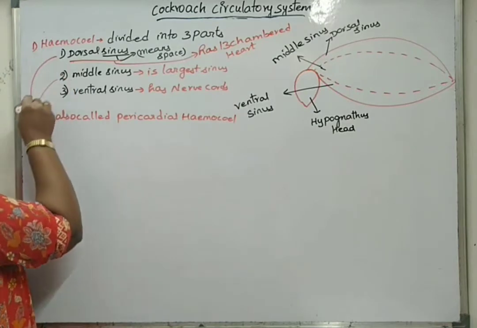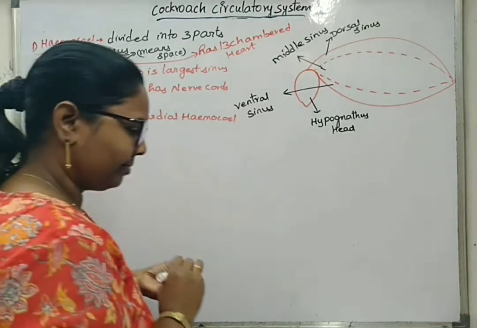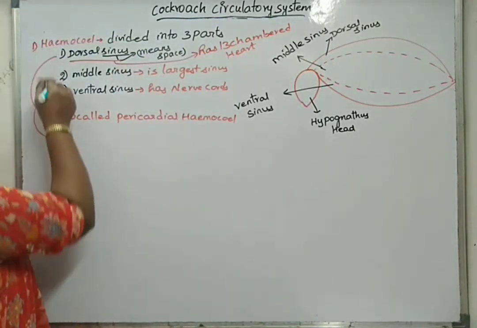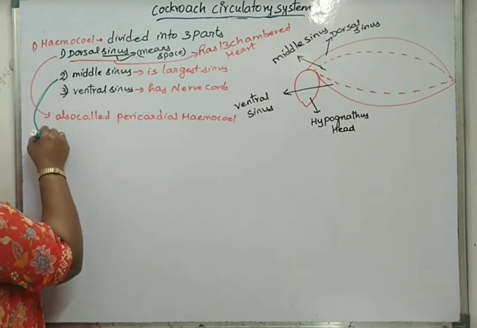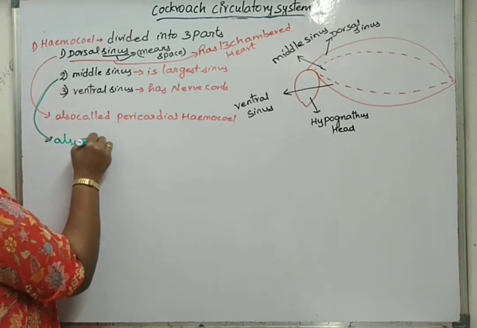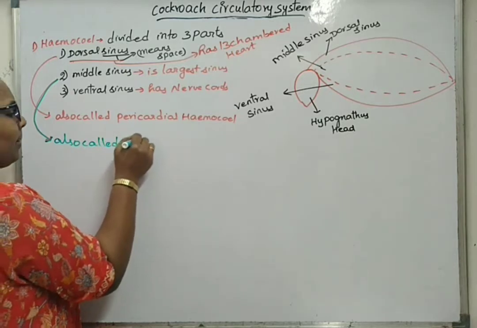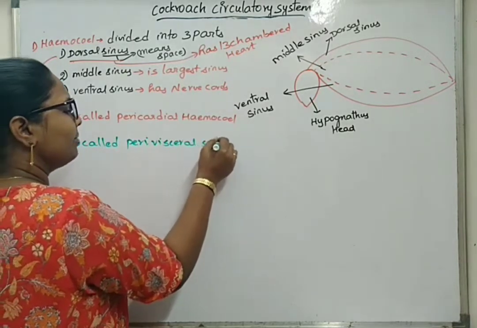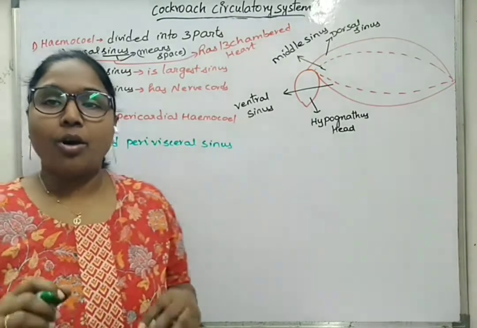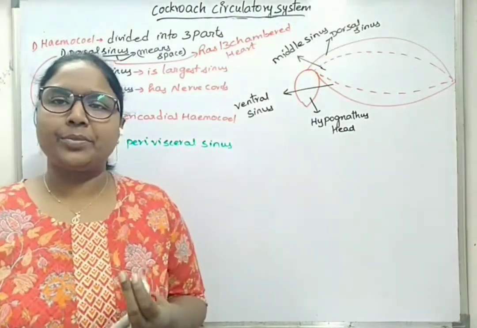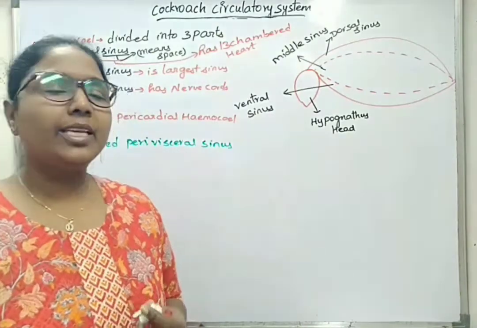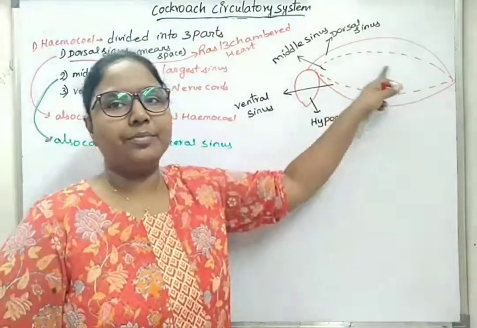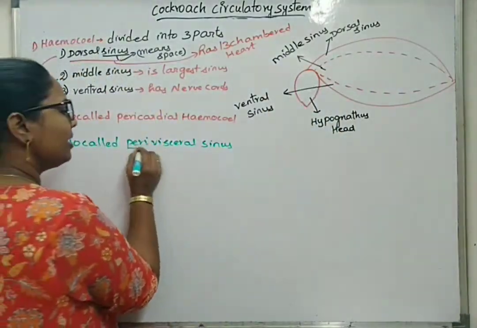Next, the middle sinus is also called perivisceral sinus, because all the body's visceral organs like the digestive system, reproductive system, and excretory system are embedded in the middle region. So perivisceral sinus.